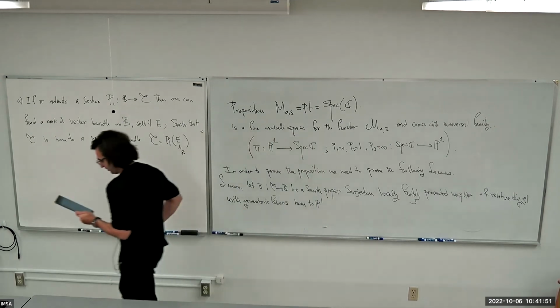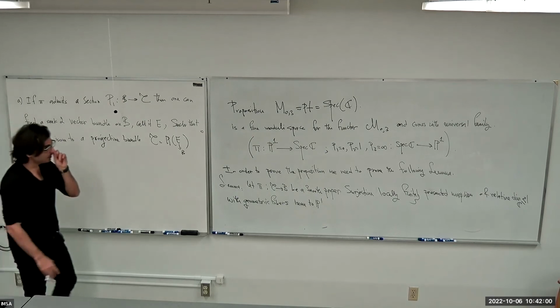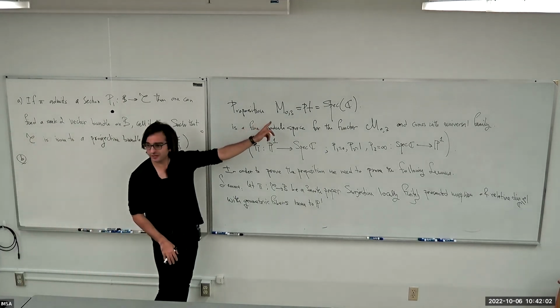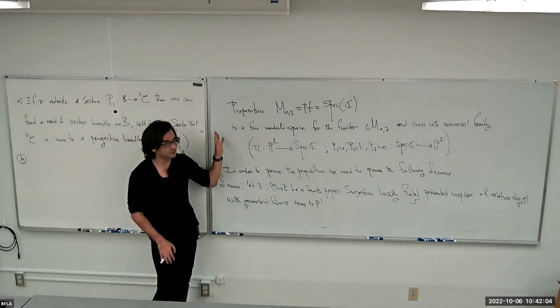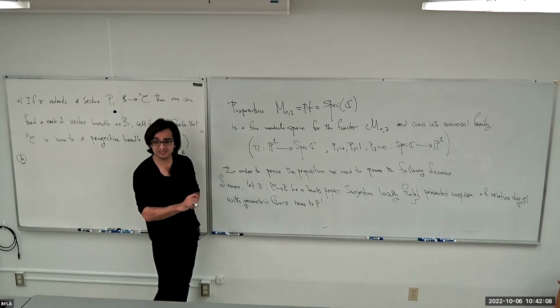Why are we interested in this? You will see. Let me tell you why we are interested in this. M03 over a base is giving you families of P1 with 3 markings.